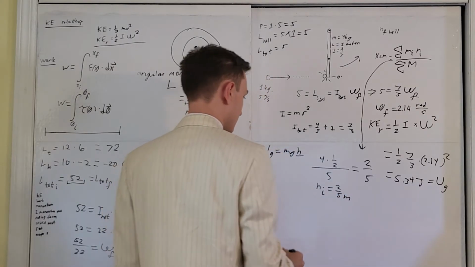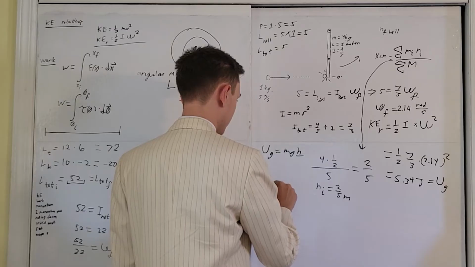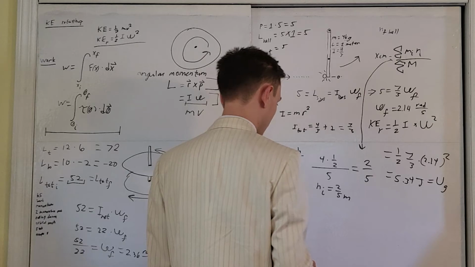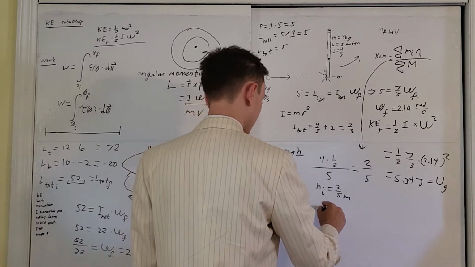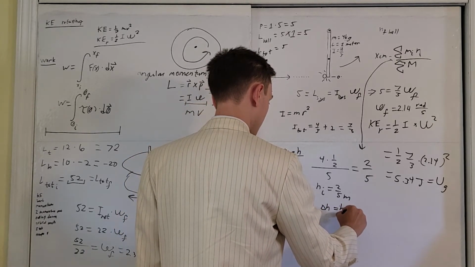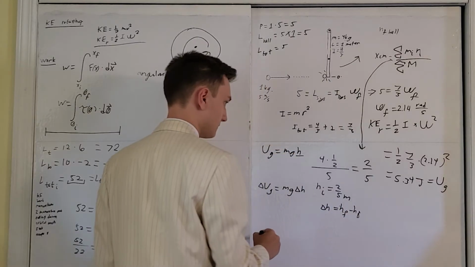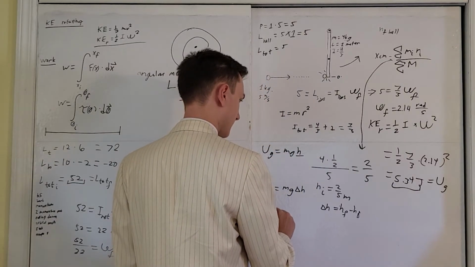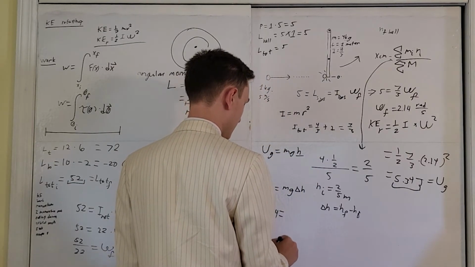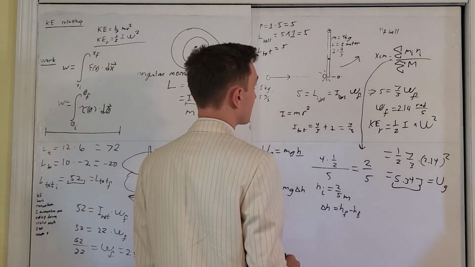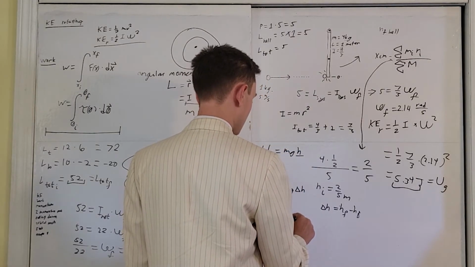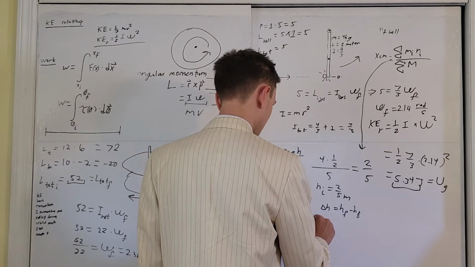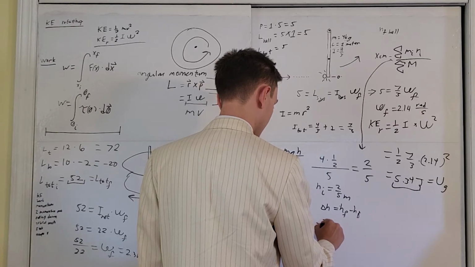Okay, and remember, the change in gravitational potential energy equals mg times the change in height. So our change in height is going to be h final minus h initial. So our change in gravitational potential energy is going to be this: 5.34, our kinetic energy, equals the total mass of the system, which is 5 kilograms, times the gravitational constant g, times hf minus 2/5.